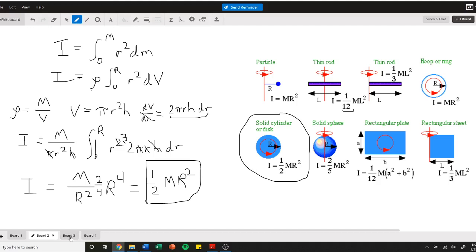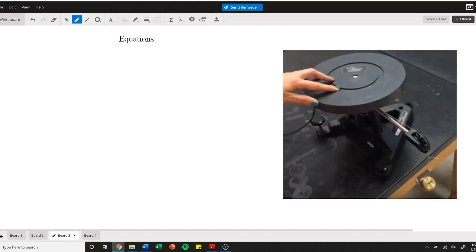Our apparatus looks like this, that you won't actually be using at home, but you got the data for. We're going to be spinning this disk and actually experimentally determining its moment of inertia. So our properties here: this disk has a radius of big R, and we've also given you the big mass of the disk.